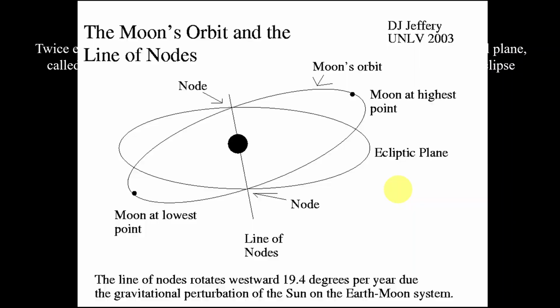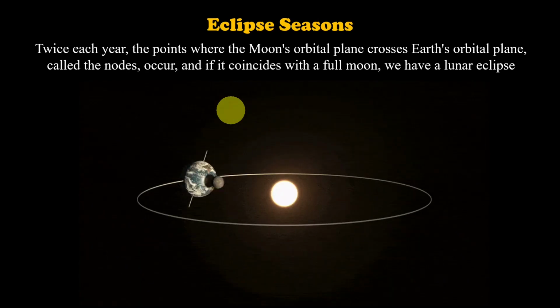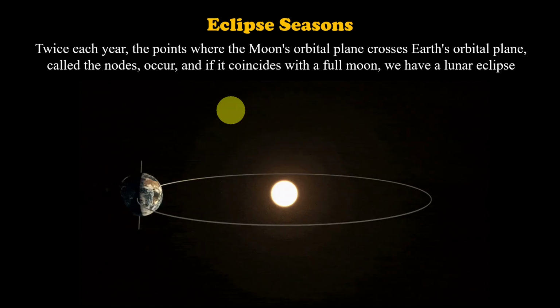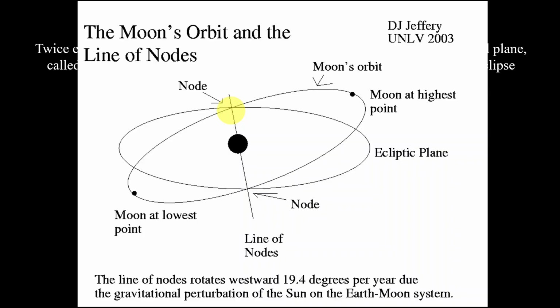That's a cross, and the point where they meet is called the nodes. If the moon happens to be in that node, one time it could cause a solar eclipse, another time a lunar eclipse.